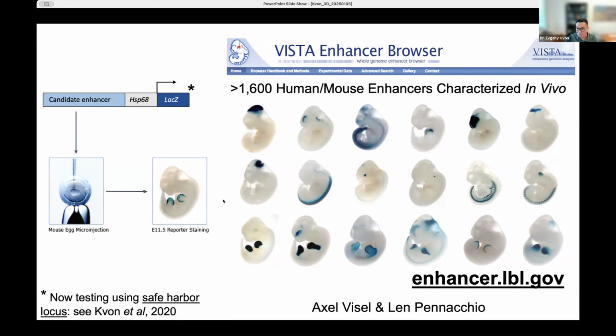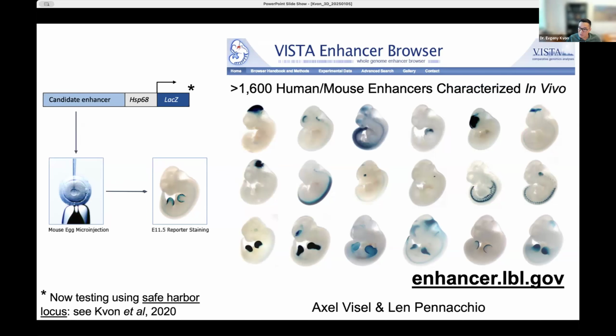This was a lot of work over more than 20 years. This database contains enhancers that are active in all different tissues of the mouse embryo, including brain, limb, neural tube, etc.